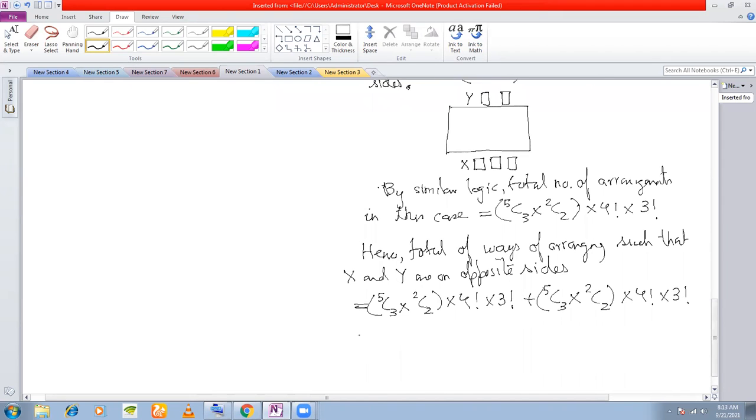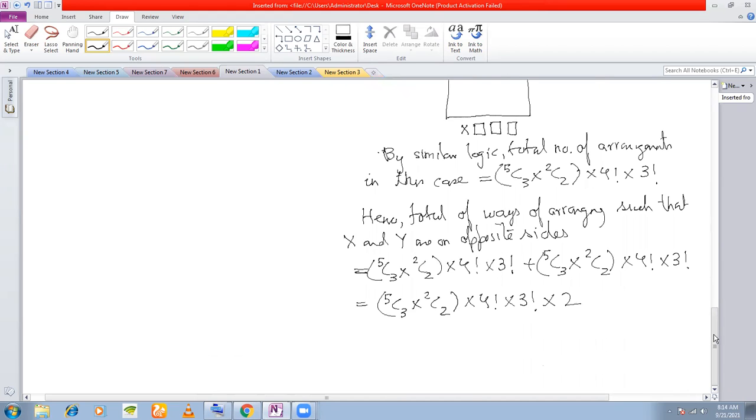Okay, so what do you get? You simply get 5C3 into 2C2 into factorial 4 into factorial 3 into factorial 2, and that should be your answer. You can calculate here if you want.